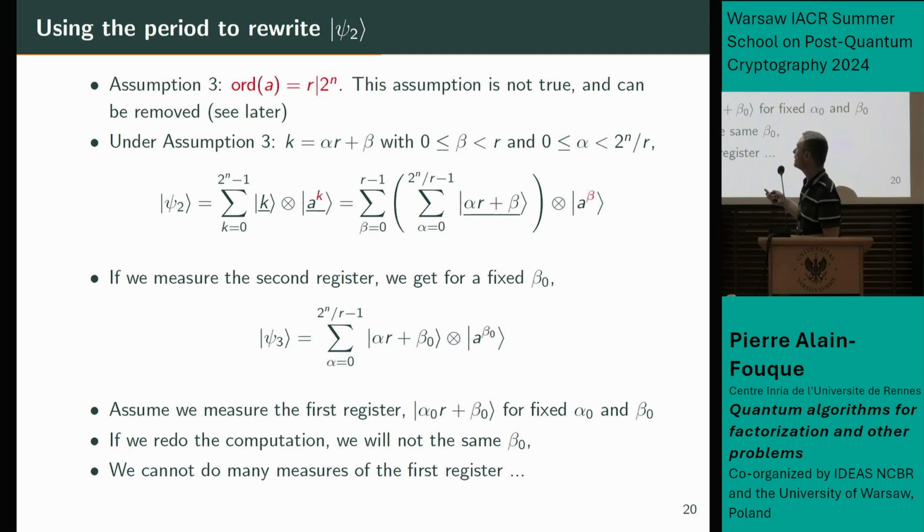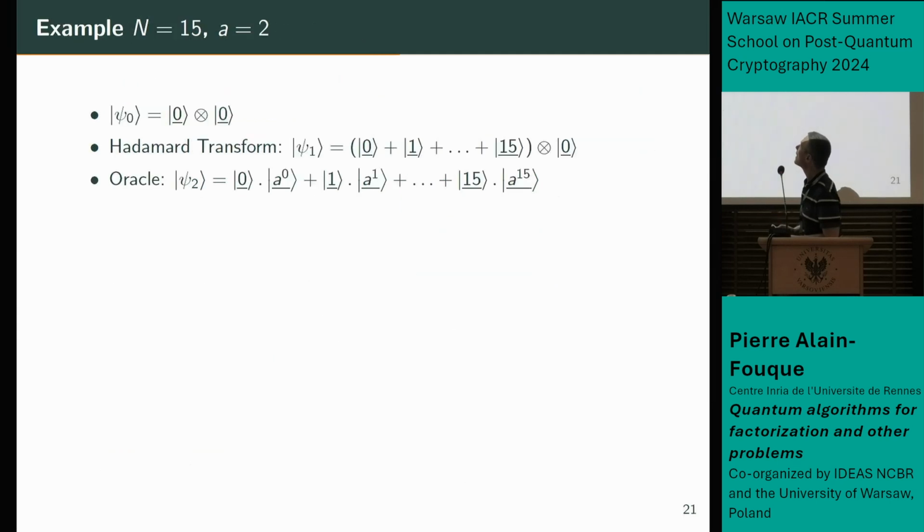In the same way, we cannot have a first measurement and try to clone the state right before the measurement on the first register, because we cannot clone states, as Giulio mentioned before. Okay? So this means that we need to do something different. Okay, so this is exactly where we will need the discrete Fourier transform to solve this problem.